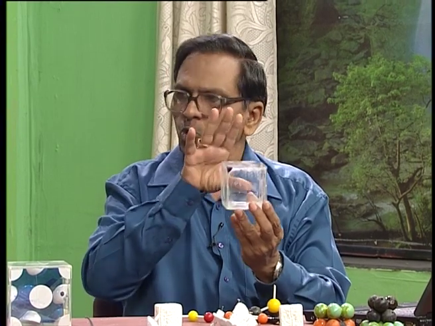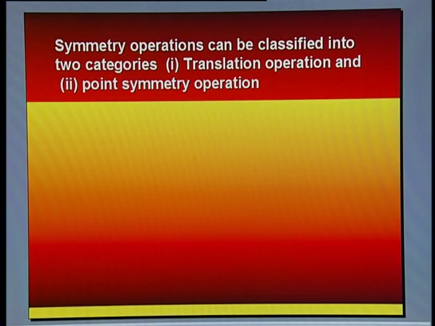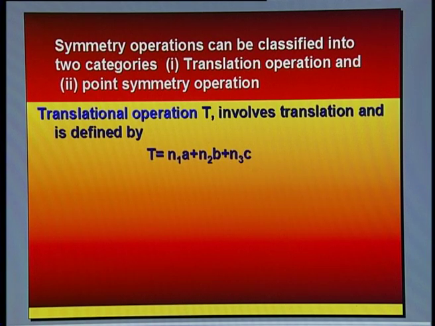Now, in this particular operation I am rotating it, so the symmetry operation is rotation, and similarly you have some other operations also. Symmetry operations are basically classified into two categories: one is the translational symmetry operation and the other one is the point symmetry operation.